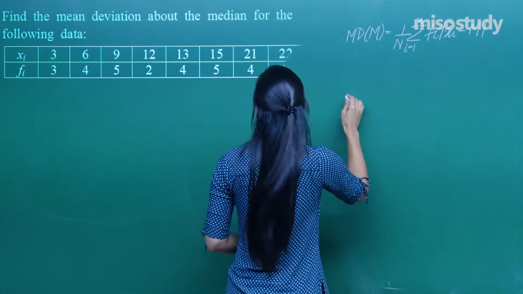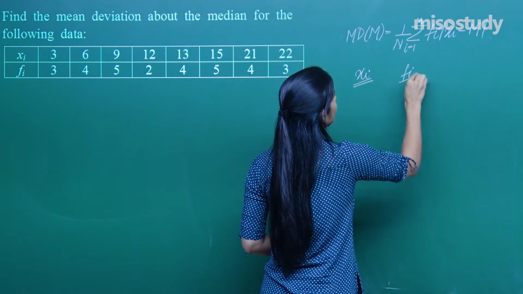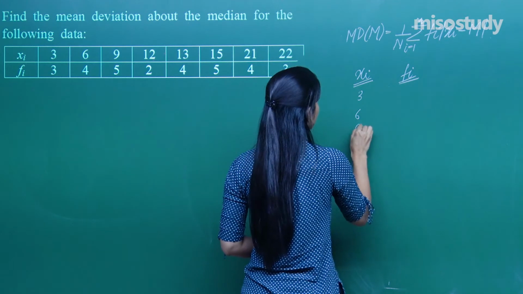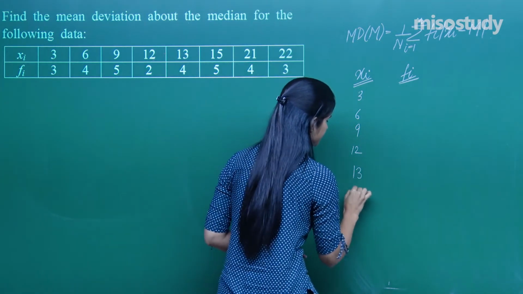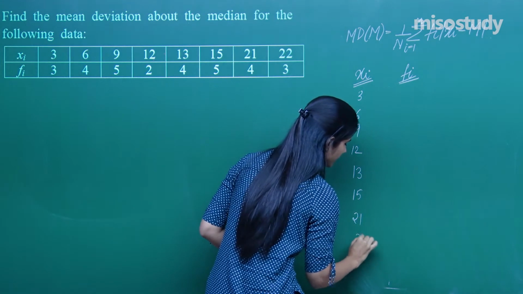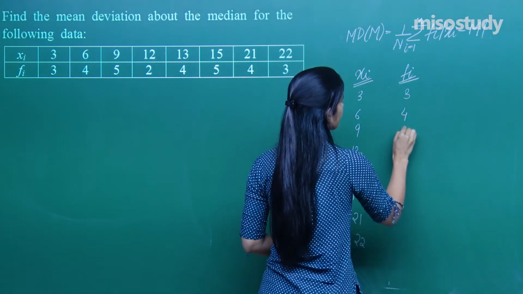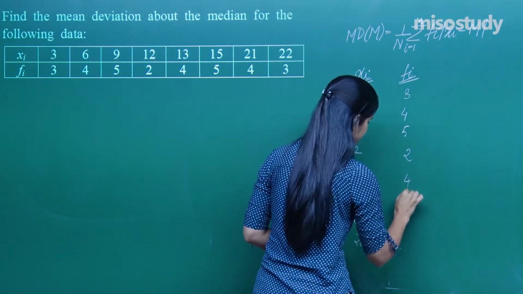Clear? So if we need to calculate the median for a discrete frequency distribution, I know what I need to do. I have 3, 6, 9, 12, 13, 15, 21 and 22, and fi's are 3, 4, 5, 2, 4, 5, 4, 3.